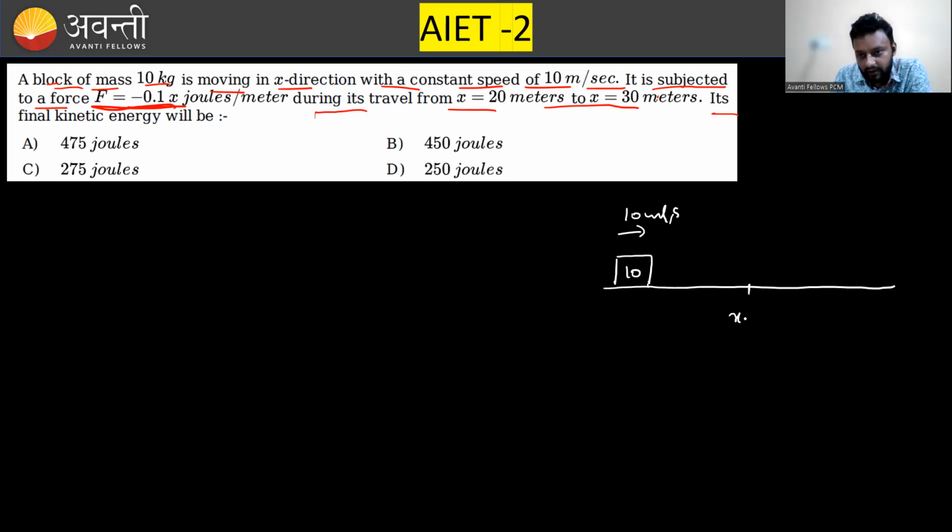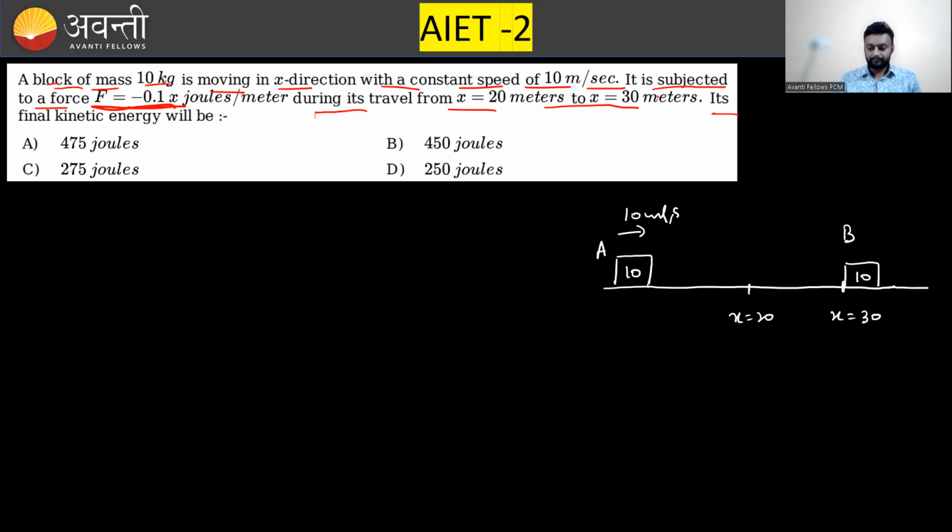From x equals 20 to x equals 30, there is a force acting on the block. And after that, they are asking the final kinetic energy. That means once it reaches the x equals 30 mark, let's suppose this is point A, this is point B. At point B, they are asking me the kinetic energy.